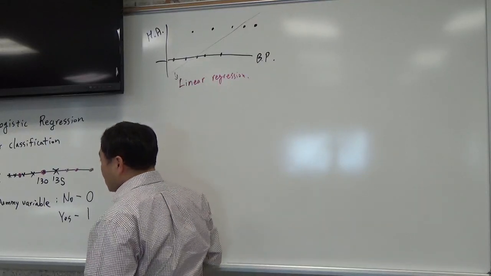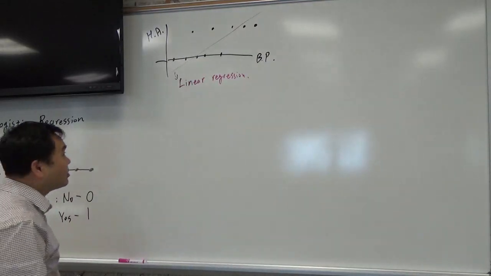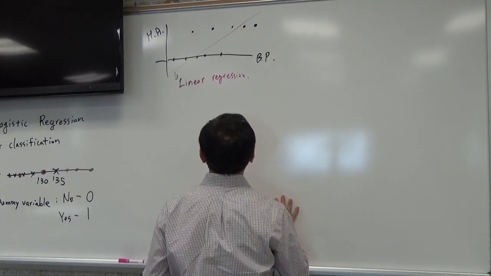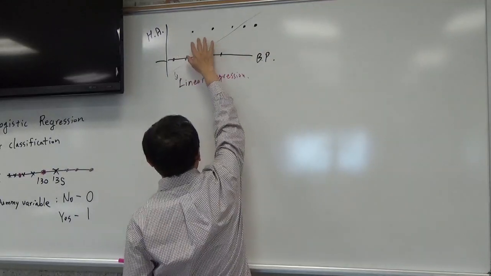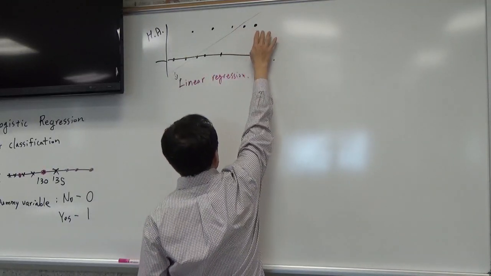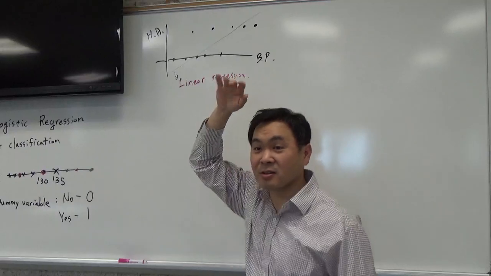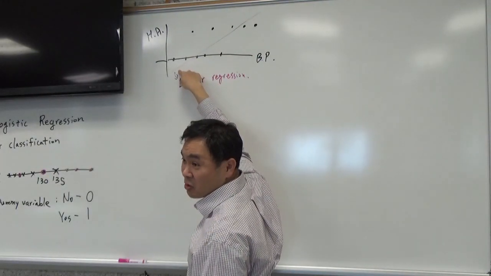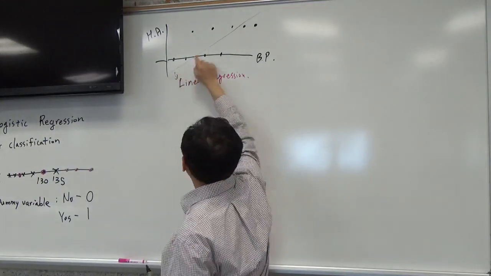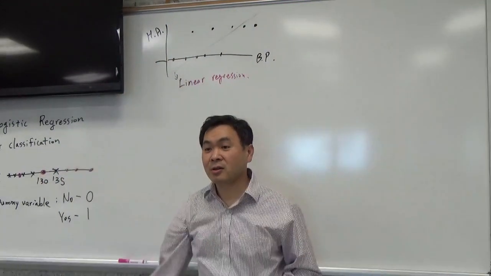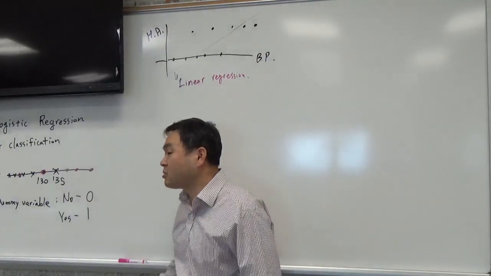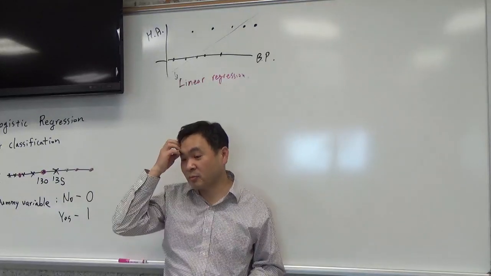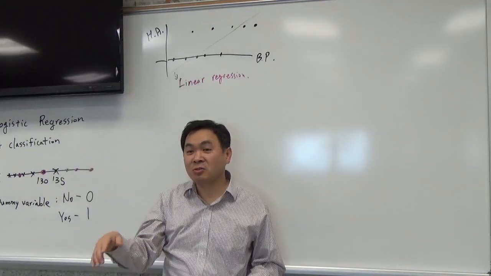But we don't like that because, first of all, it doesn't really reflect the fact that the y values are 1s and 0s, right? It's not 1s and 0s. The linear regression will produce values that are negative or positive, right? And it's somewhat of a similar situation to when we tried to fit the parabola using linear regression.